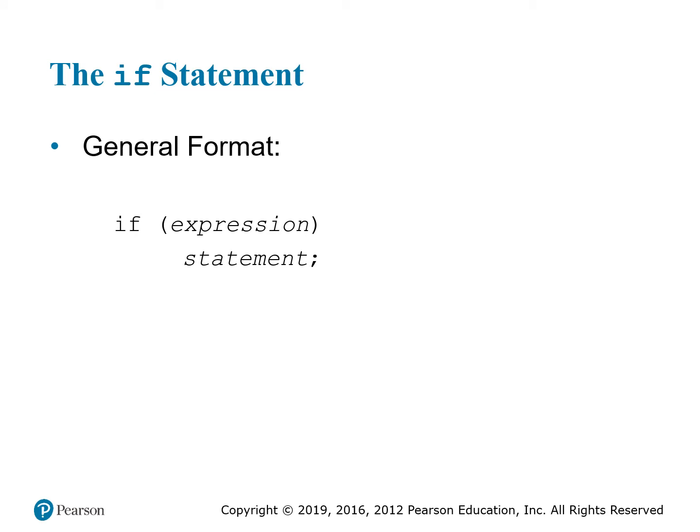The general format in C++ is the keyword if, followed by an expression that we're going to test for truth or falsehood, and then a statement to execute if the expression is true.